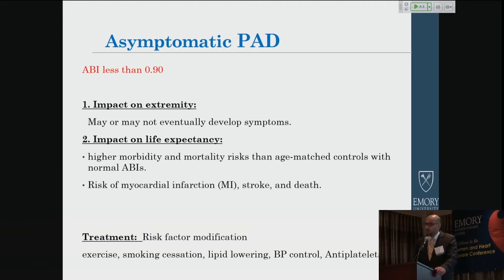So the treatment of these patients, once identified, is really risk factor modification: weight loss, exercise, smoking cessation, lipid-lowering agents, blood pressure management, as well as antiplatelet therapy to prolong life and limit the events of cardiovascular morbidity.